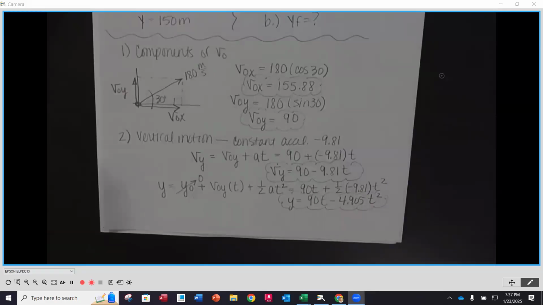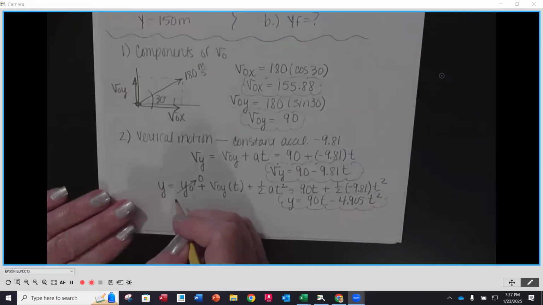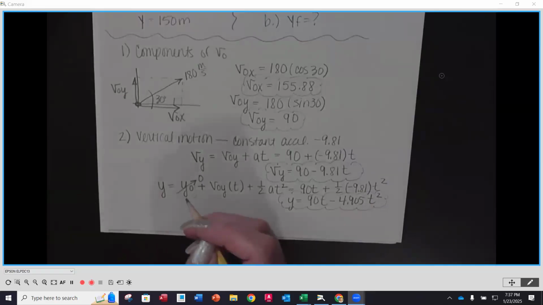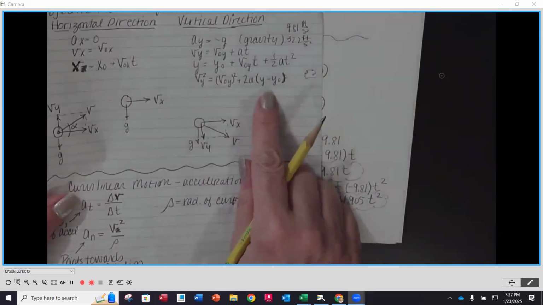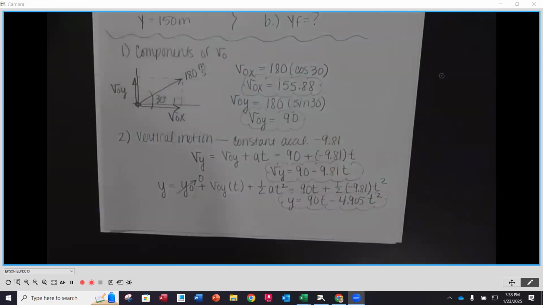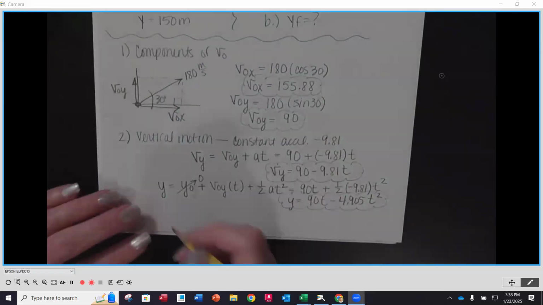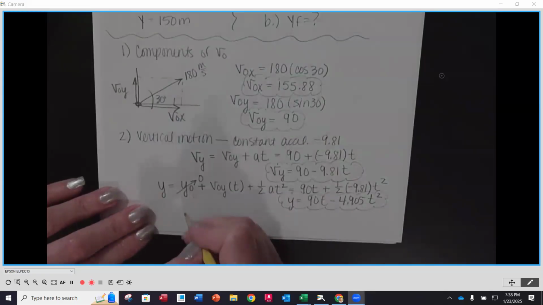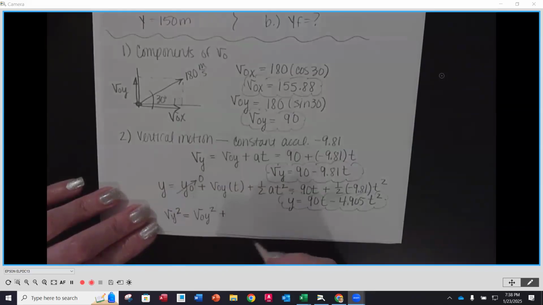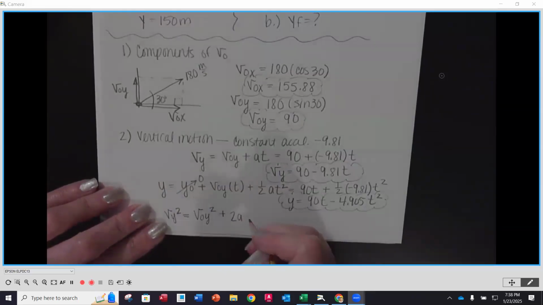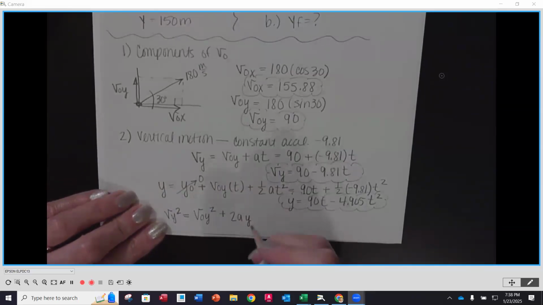And then the third one is going to be the velocity of y in terms of the distance. And that's going to be this last one right here. This is going to come in handy when we want to find what the distance is that it elevates to. So this one we're going to do as well this time. So we've got vy squared is equal to our original y value squared plus 2 times a y.